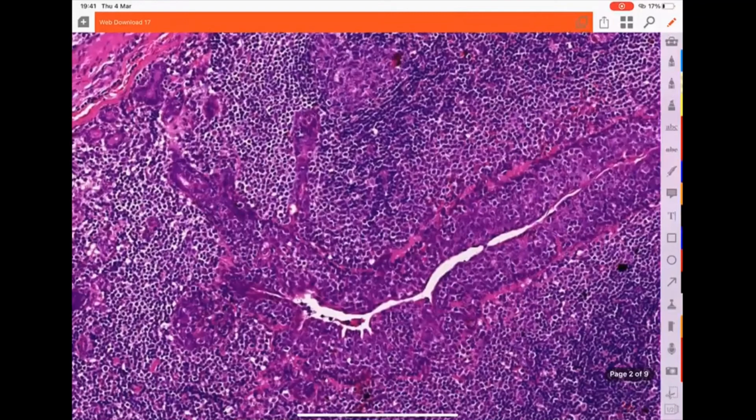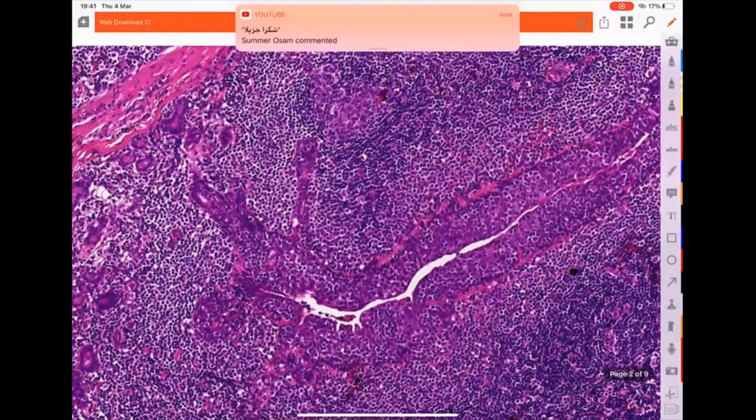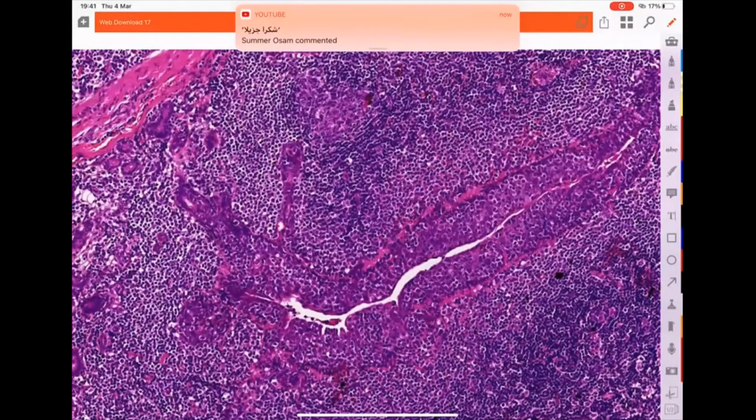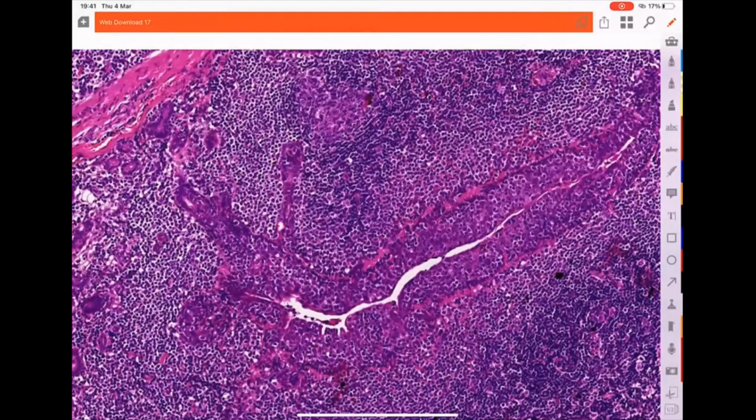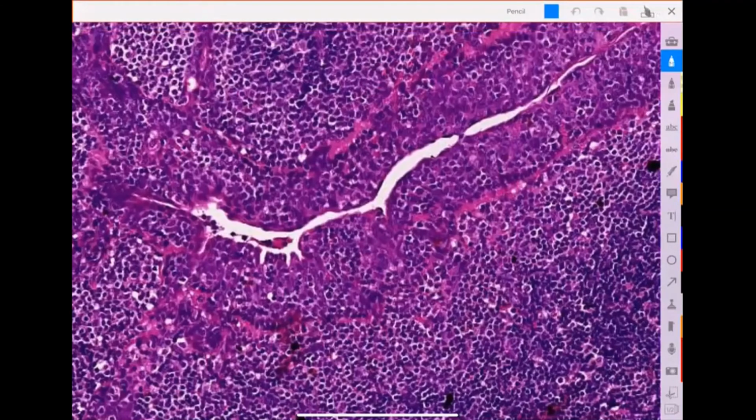Now, for the clever people who do a lot of head and neck, they felt that they probably saw lymphoid cells eating into the ductal epithelium. And this is why they tried to lean a little bit more towards the lymphoma, which I agree is a feature that is worth noting. In a field like here, you are able to see the lymphoid infiltrate.